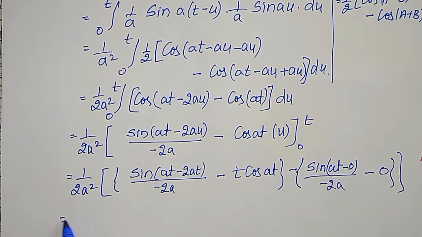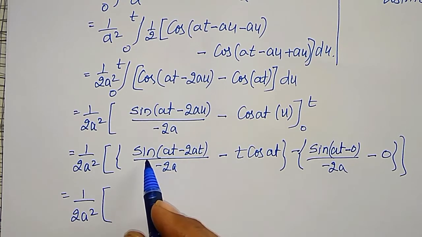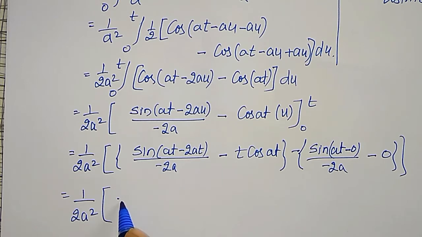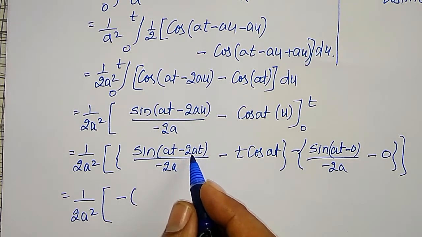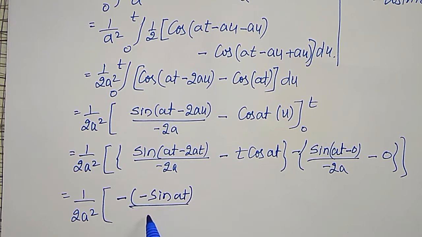Simplify them, we will get the required answer for the inverse. That is 1 divided by 2a square into, this will become minus of sin(at minus 2at), that is, already this minus is there, one minus is there, and this one will become minus at, minus sin minus theta is minus theta. Therefore it is minus sin at divided by 2a.